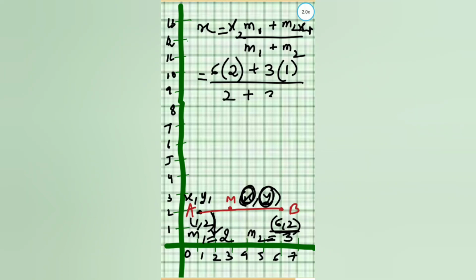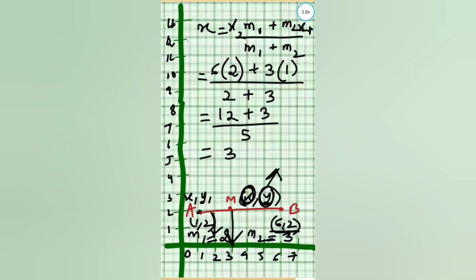If I solve this, how much will I get? 6 2s are 12, 3 1s are 3, 2 plus 3 is 5, 12 plus 3 is 15, divided by 5 is 3. Are you getting 3? Let's see. Yes, we are getting 3. We got 3.